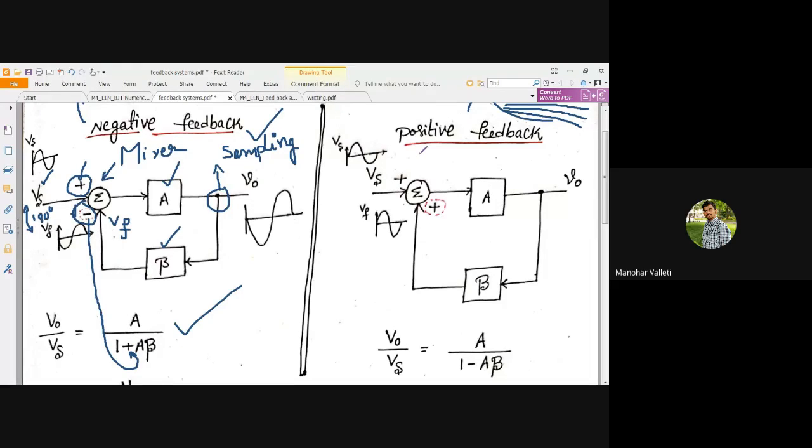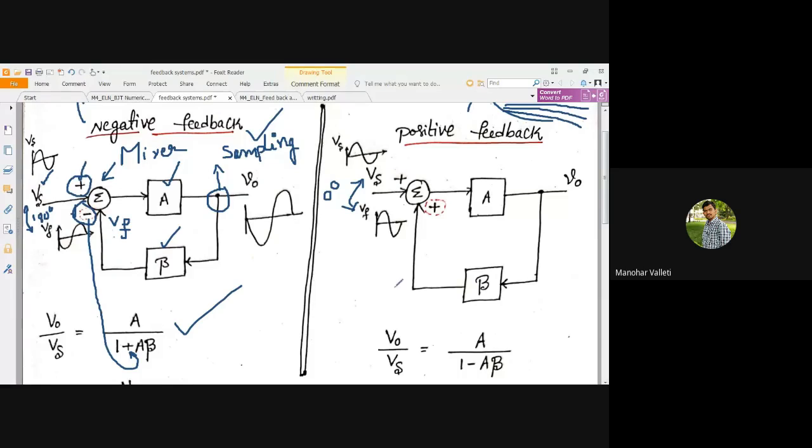I'll just brief you about positive feedback. After discussing the entire circuits regarding negative feedback, I will go to positive feedback. Positive feedback means the applied input signal Vs and feedback signal are in phase, that is 0 degrees phase difference. Then I can say that this system is using positive feedback.